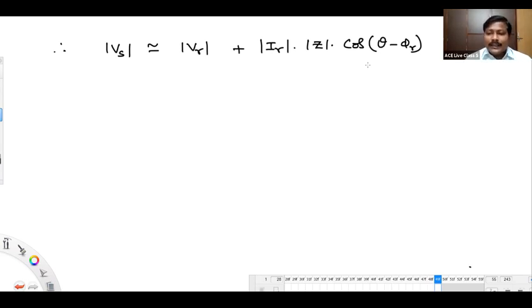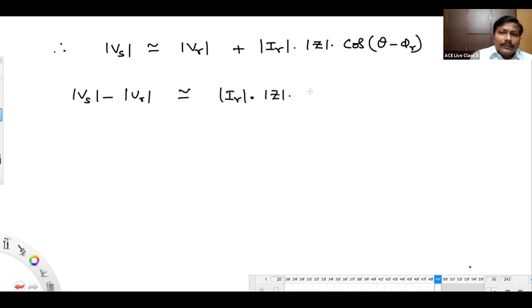Like this, you can write the sending end voltage magnitude mod Vs. And you can get mod Vs minus mod Vr, approximately equal to mod IR into mod Z cos of theta minus phi r.